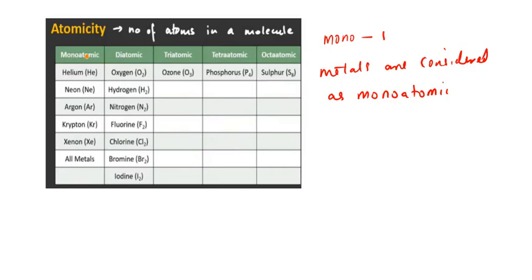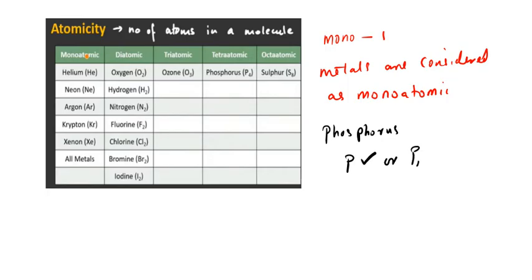Like for instance, let's look at phosphorus. Phosphorus is a solid, so it can be written as P. It can also be written as P4.